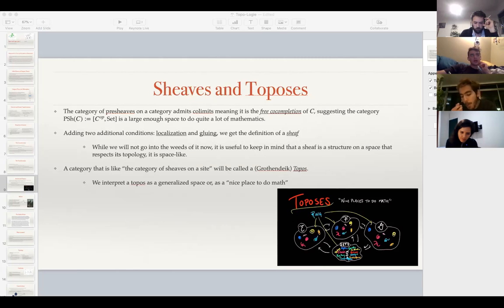It's basically a generalization of a topological space, a place where you have ideas of covers and how to combine things together in the appropriate way. But a topos is going to be a nice place to do math. What that means is you basically have all the internal logical structure you need to do all of the normal constructions that you do in basically every field of math, which generally end up being about taking these different limits and colimits.